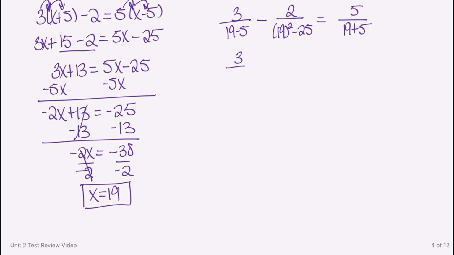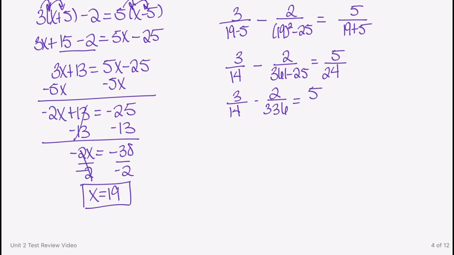So that gives us 3 over 14 minus 2 over 19 squared, and 19 squared is 361. So we have 361 minus 25, and that equals 5 over 19 plus 5, which is 24. So we have 3 over 14 minus 2 over 361 minus 25, which is 336.